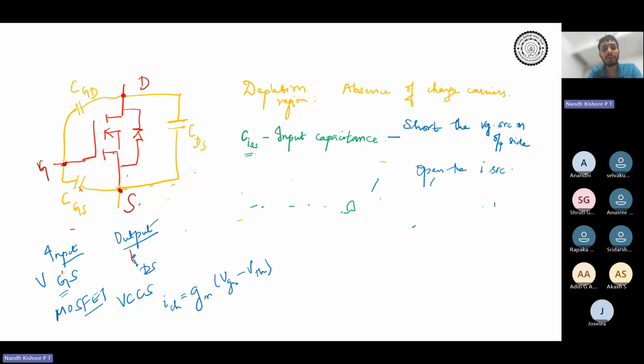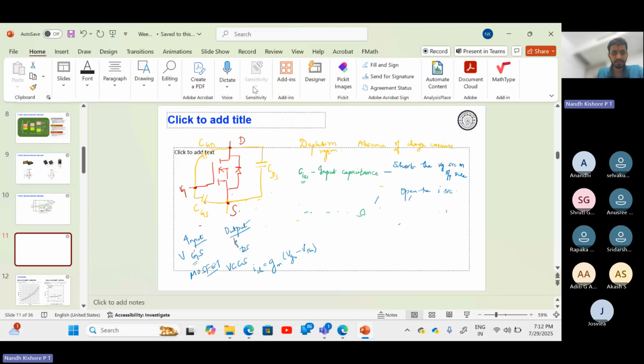So if you have to find out the input capacitance, the input side capacitance, what will you do? You will short the output side. Let me take another slide.